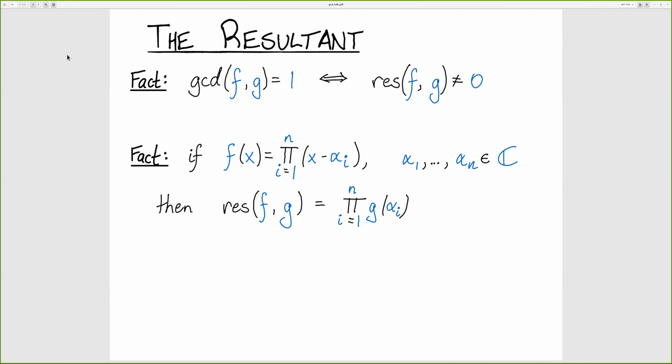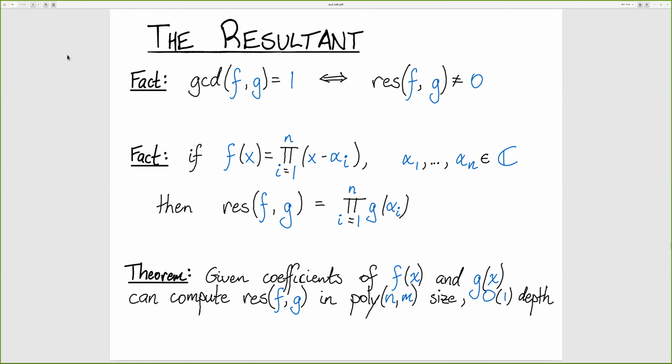Let's not worry about those details. The point is, this is an elementary symmetric function of the G alpha i's, the degree n elementary symmetric function. I showed you on the previous slide how to compute this in polynomial size and in constant depth. So as a nice corollary, we get a constant depth circuit to compute the resultant.